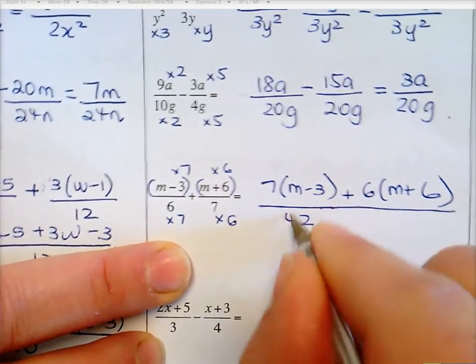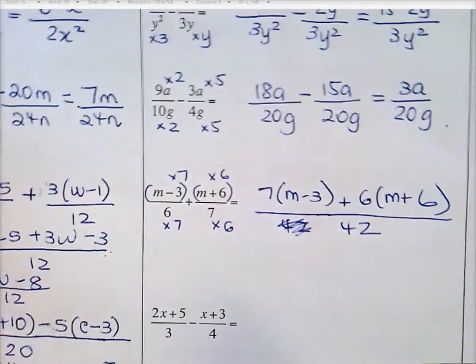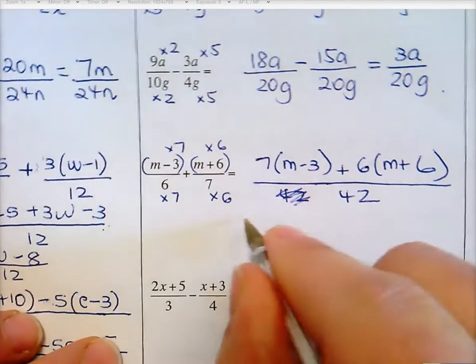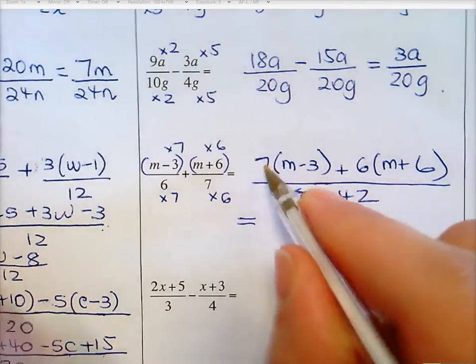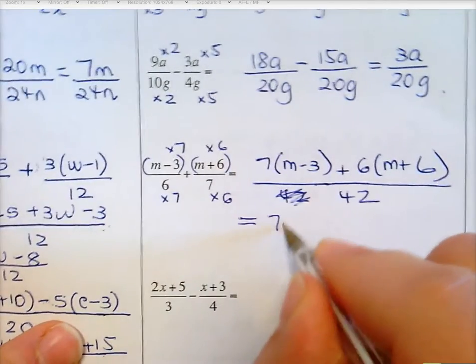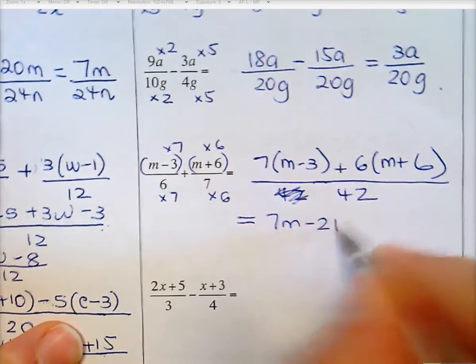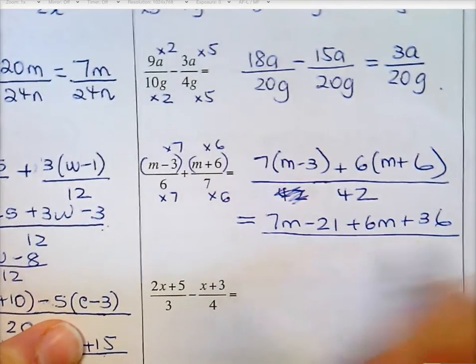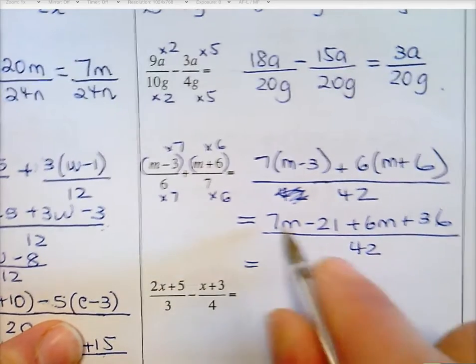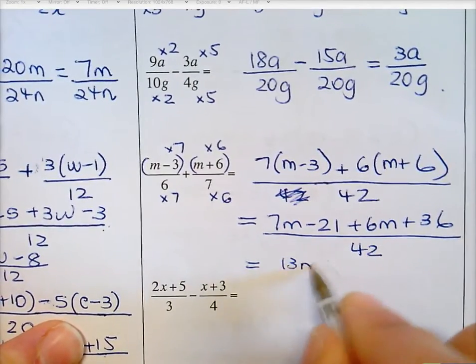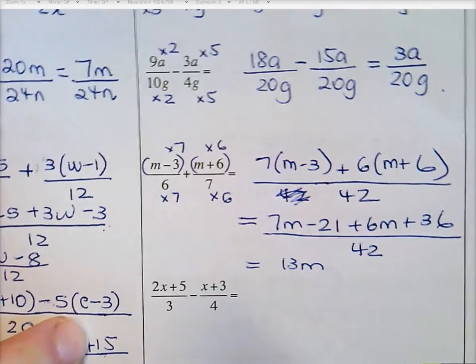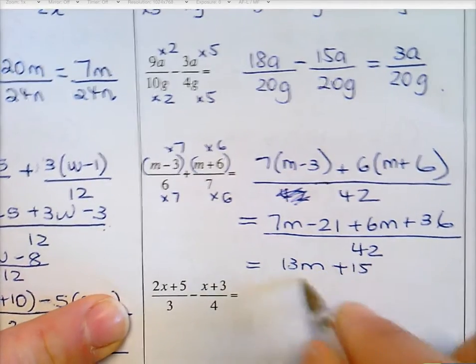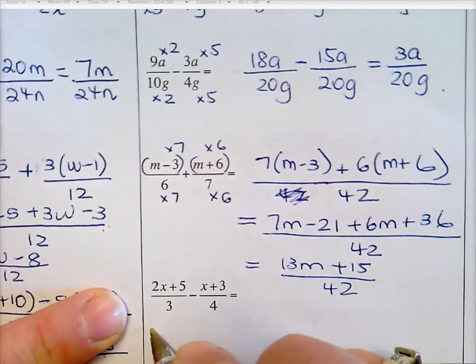Girls, I prefer you to write it as a single fraction. It'll be much easier when you expand. Expanding this, we get 7m minus 21 plus 6m plus 36 all over 42. 7m plus 6m is 13m. Minus 21 plus 36 is plus 15 over 42.